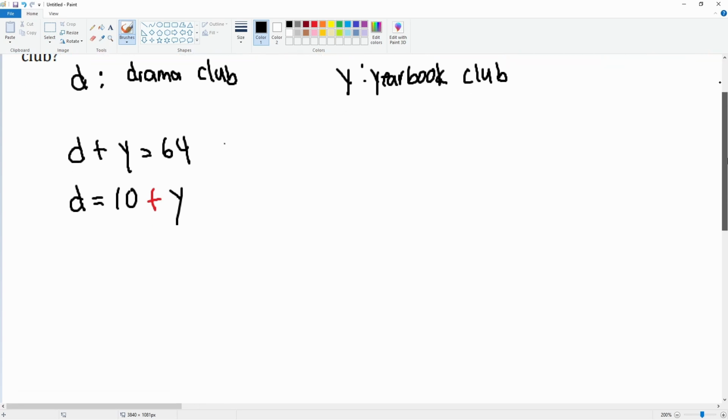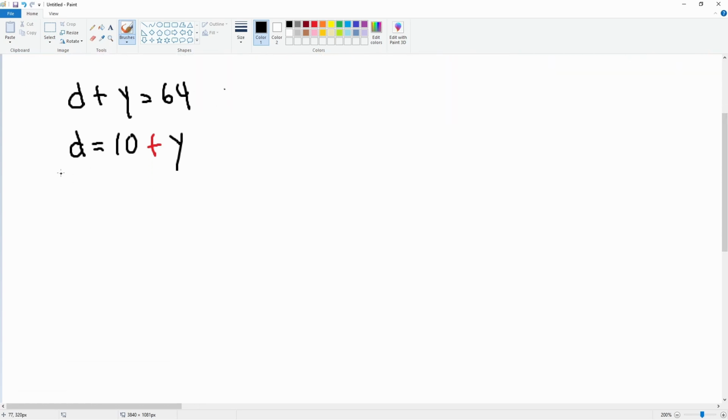Now we can actually solve for it. This time I'm going to use substitution because you see how it's already solved for the letter D. So I'm going to write my equation: D plus Y is equal to 64.